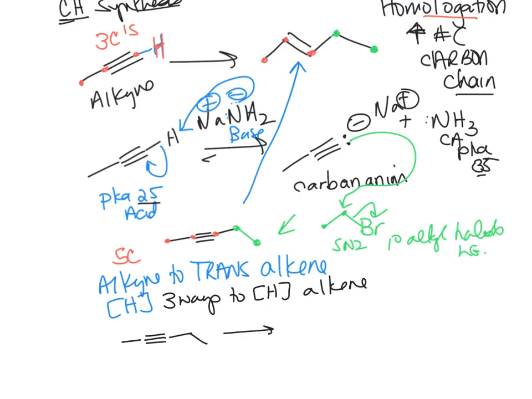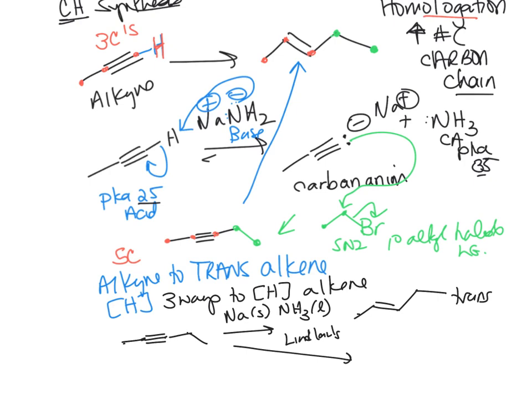If we did sodium in ammonia, so metal reduction, you're going to get trans. So 1, 2, 3, 4, 5, 1, 2. So that's trans. If you do Lindlar's catalyst, which is a poisoned palladium with hydrogen, you're going to get cis.